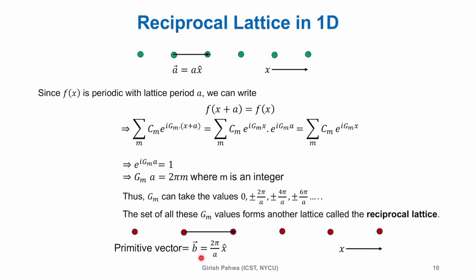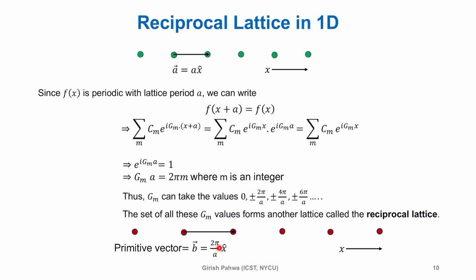Right? So the primitive vector, let me call it vector b, is equal to 2 pi by a x cap, because it's a 1D. And why the reciprocal? Because you have taken the reciprocal of the original lattice constant, right?